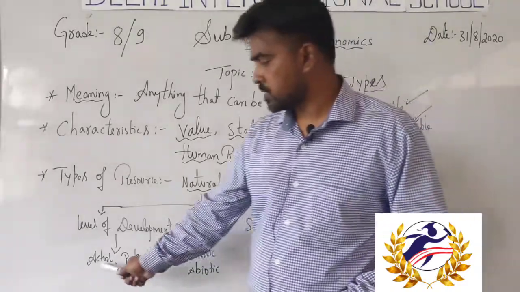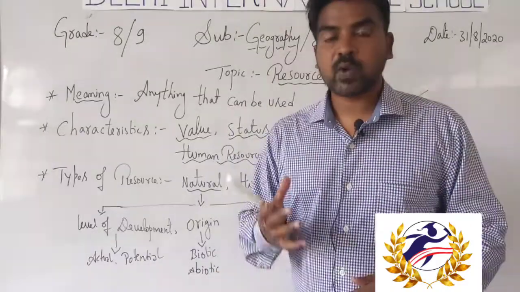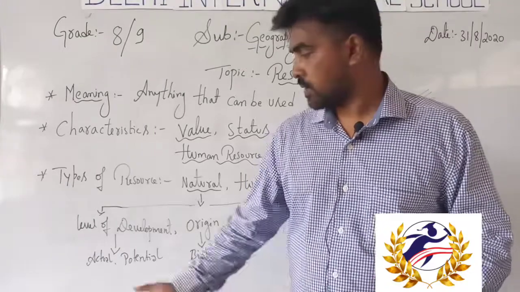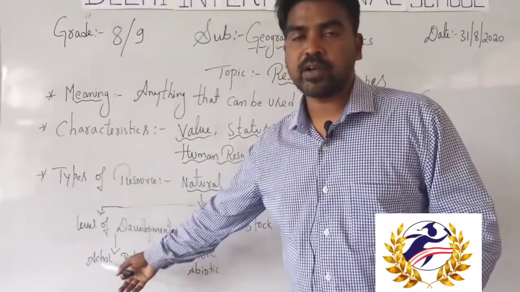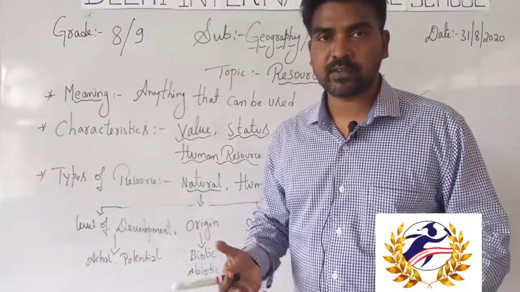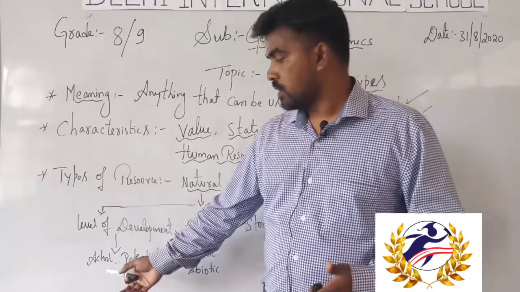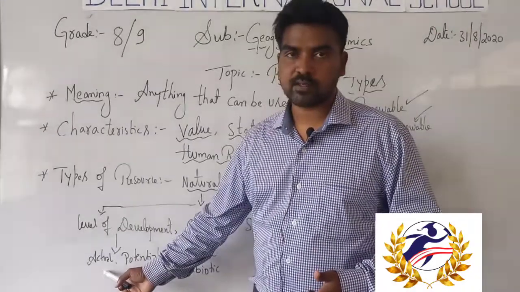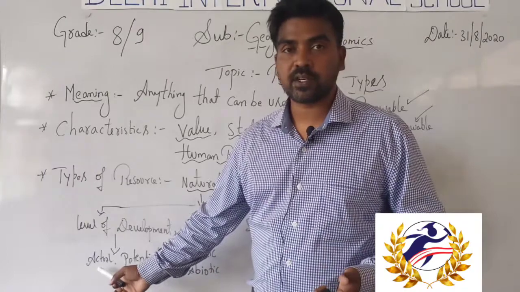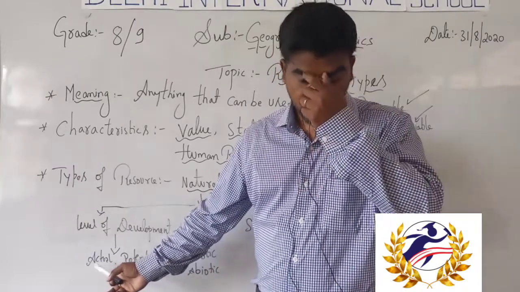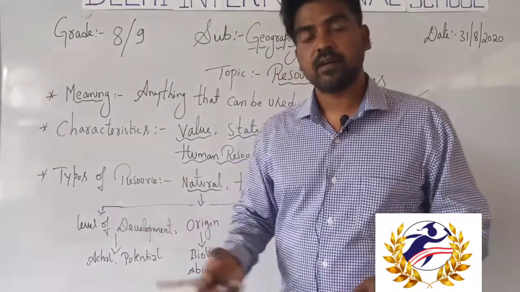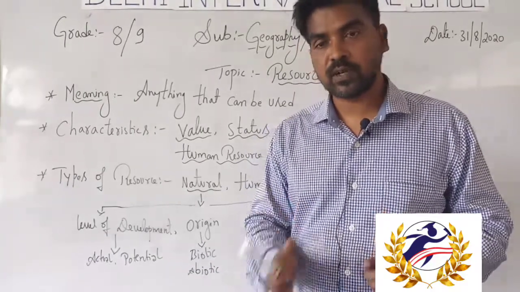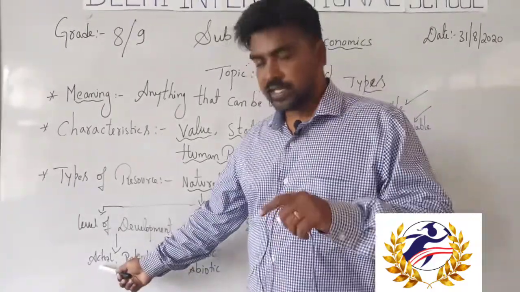Actual means we know the quantity, quality and value of the resources. We know how much is available at present, how much we can use for the future, and how much we can save or conserve. So it is called actual.